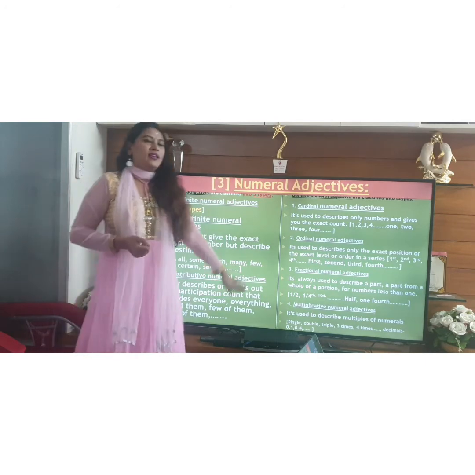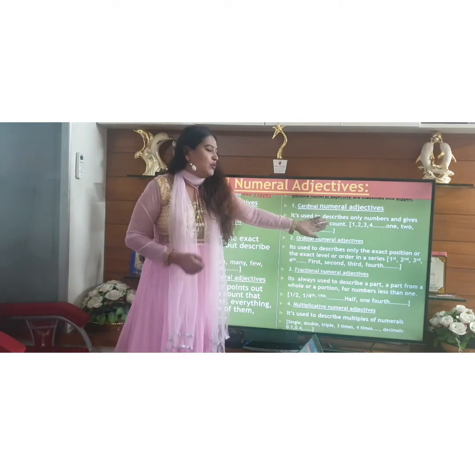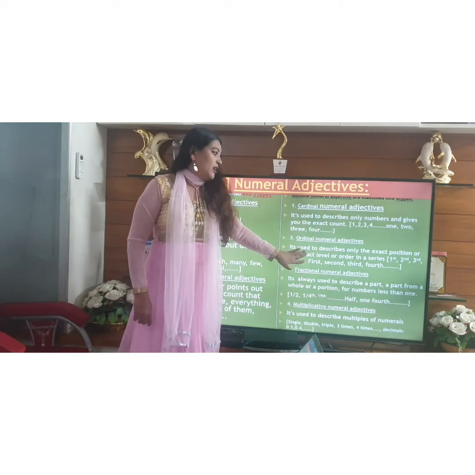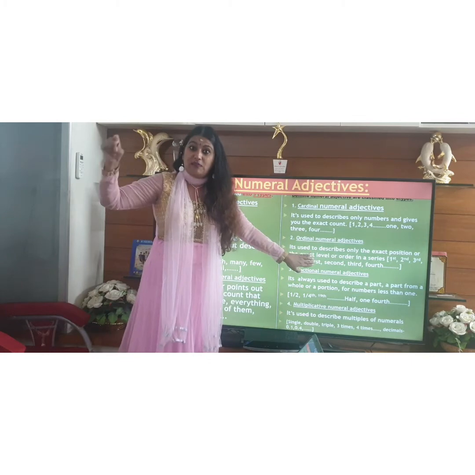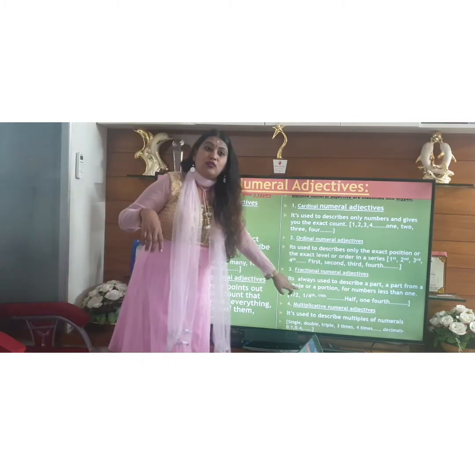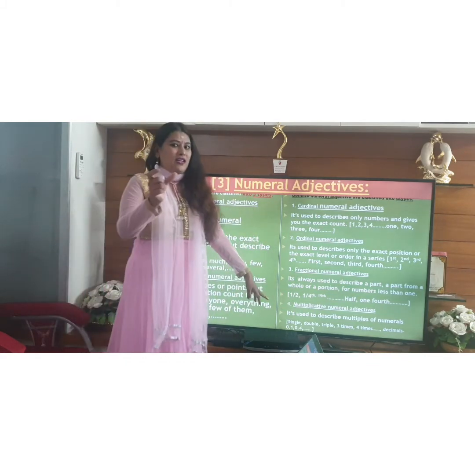Okay. So altogether there are how many definite numeral adjectives? Here in figures, you get an exact count. 1, 2, 3, 4, 5. In ordinal you get exact count. First position, second position, 19th position. In fraction also you get 3/4 of it, 1/3 of it. In multiplicative also you get exact count.